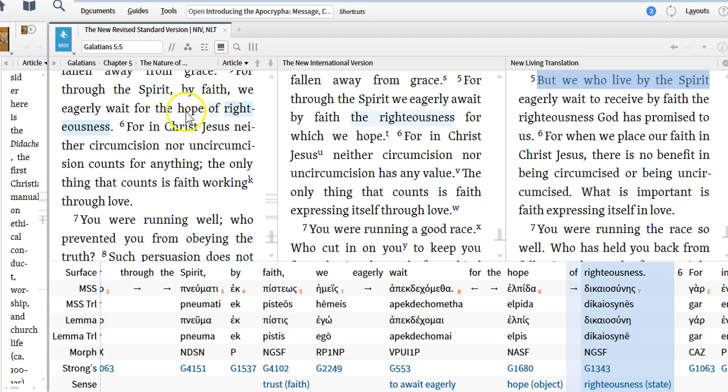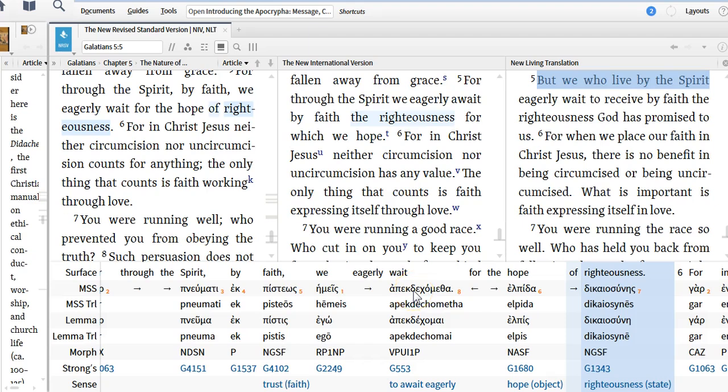The word hope is technically the direct object of the verb behind we eagerly wait. In Greek, this is clearer. Elpida is the accusative direct object of a Greek verb here.